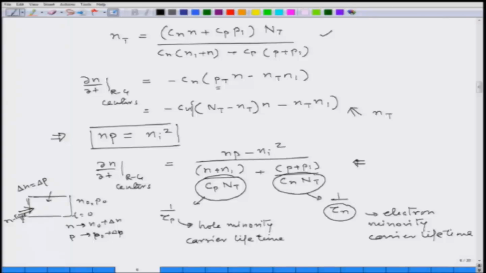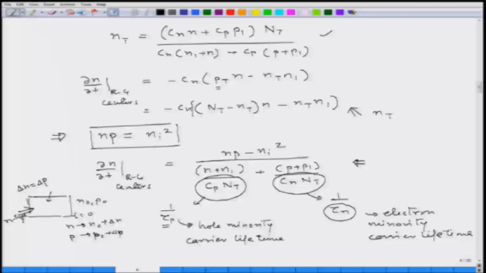So, tau n and tau p parameters, which are basically being defined by the mechanism of R-G center thermal generation or recombination, signify, if I create excess carriers in a material, how long the minority carrier can survive in the material before it is annihilated by the majority carriers.